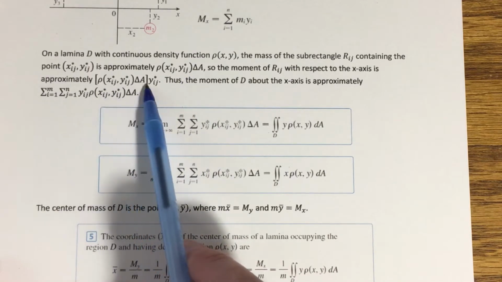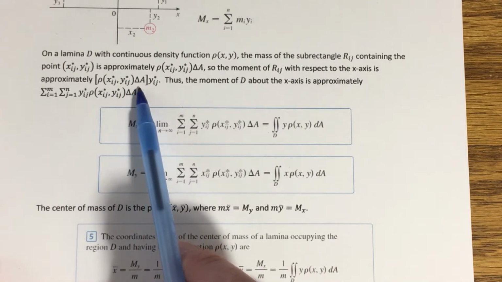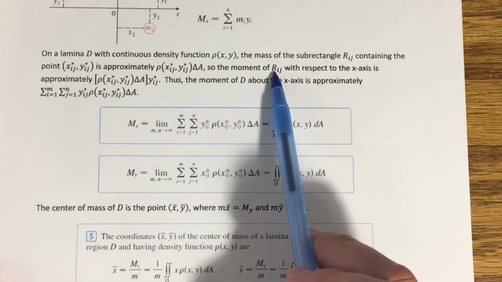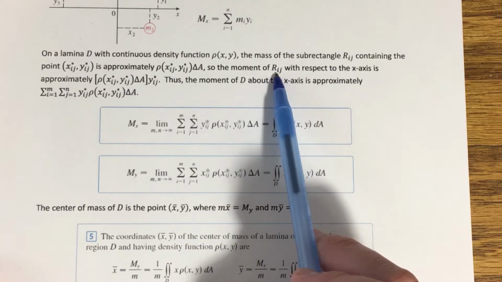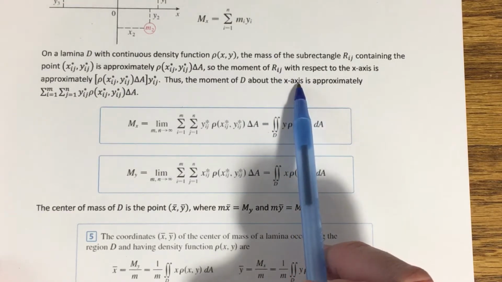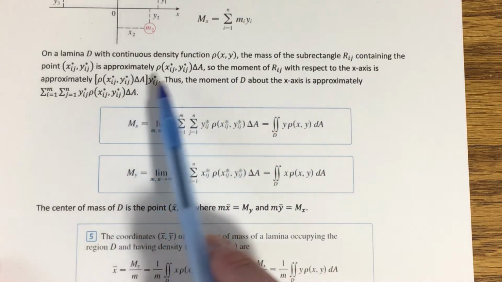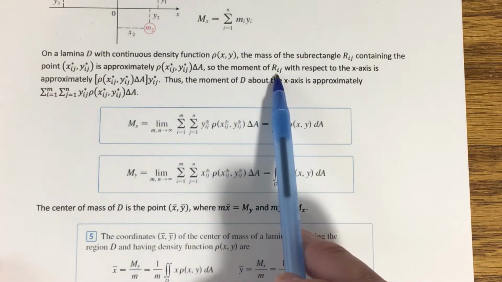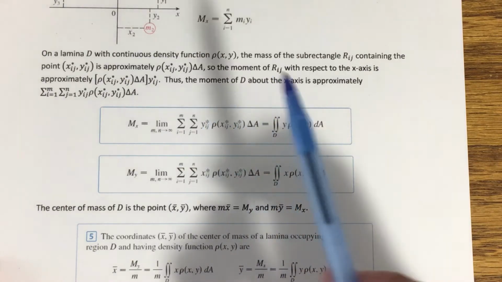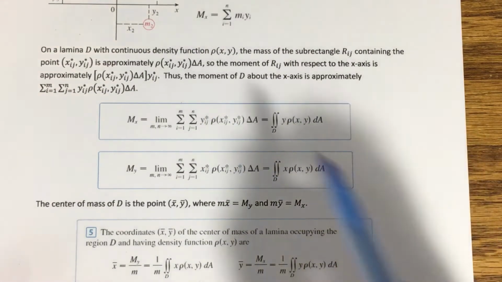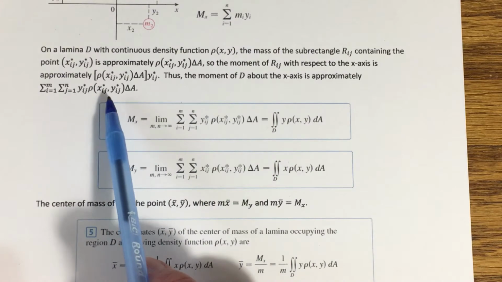So this gives us an approximation to the moment of this subrectangle relative to the x-axis. Then if I add up the moments for each of those subrectangles, that gives me an approximation to the moment of the entire lamina about the x-axis.